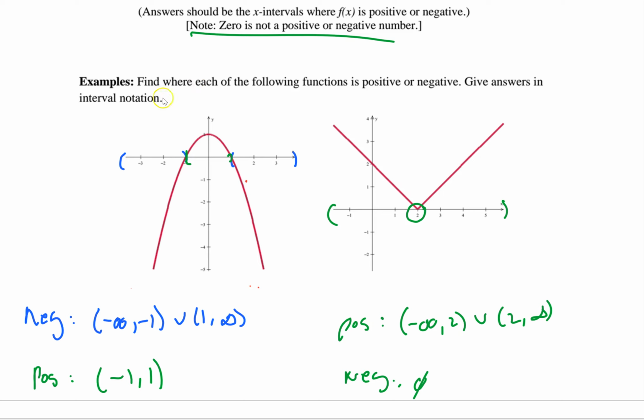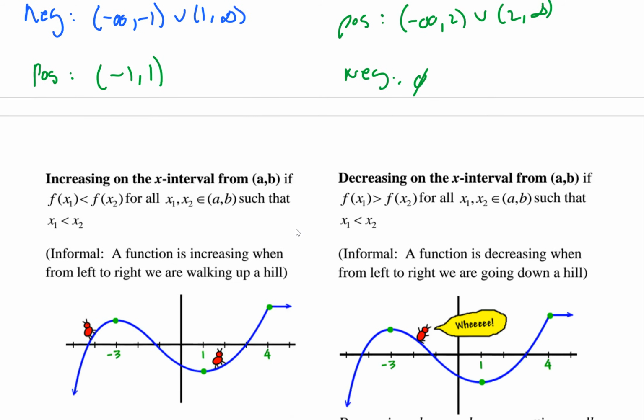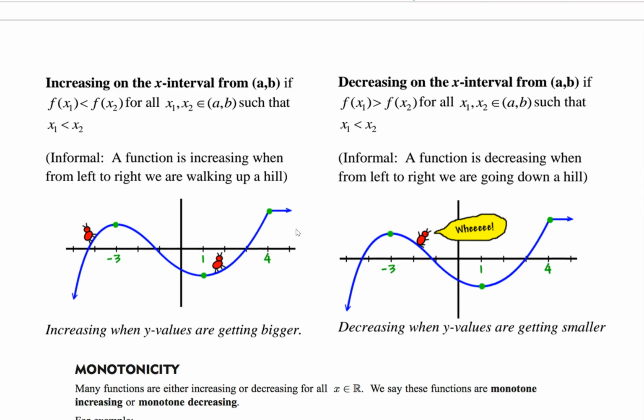So now do we know how to tell when an original function is positive or negative? Let's talk about when the original function is decreasing or increasing. What does that mean? This is all fancy talk for if you're increasing, you're walking kind of uphill, right? So that's when your graph's going up. So right here we're increasing, and then we're kind of decreasing, and then you're increasing again, right?